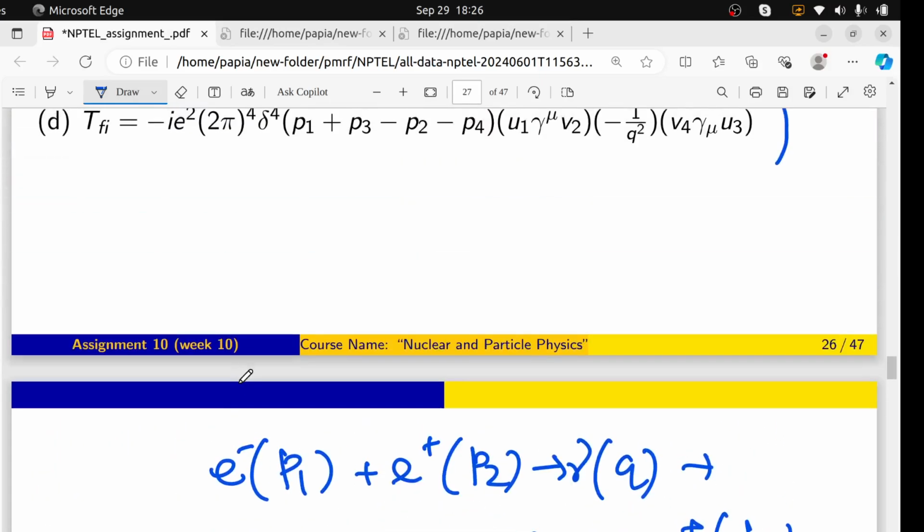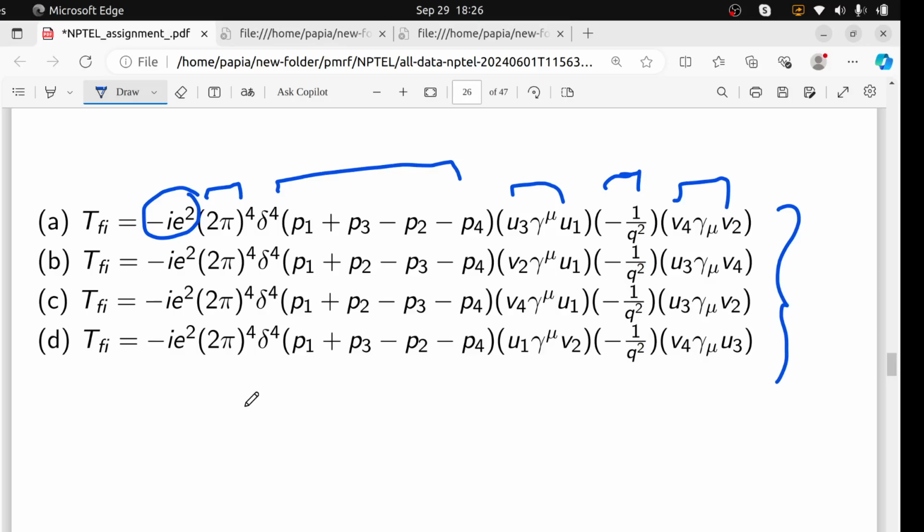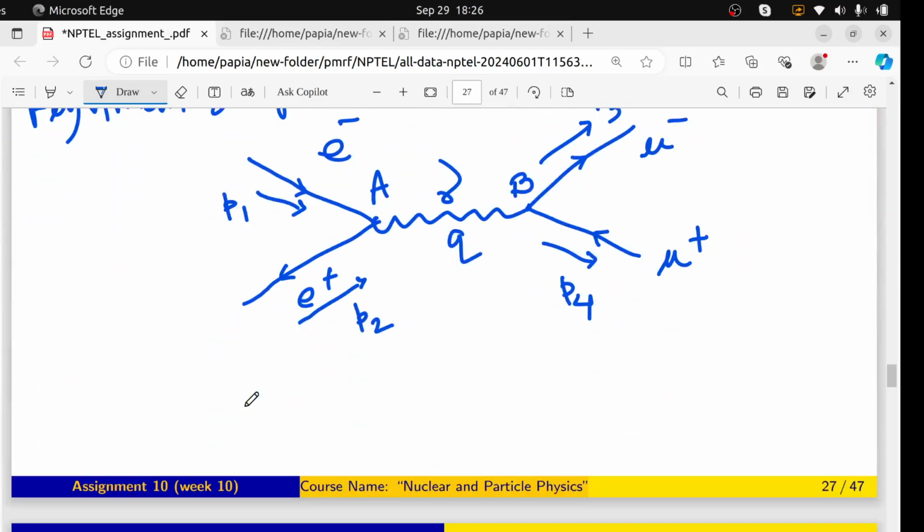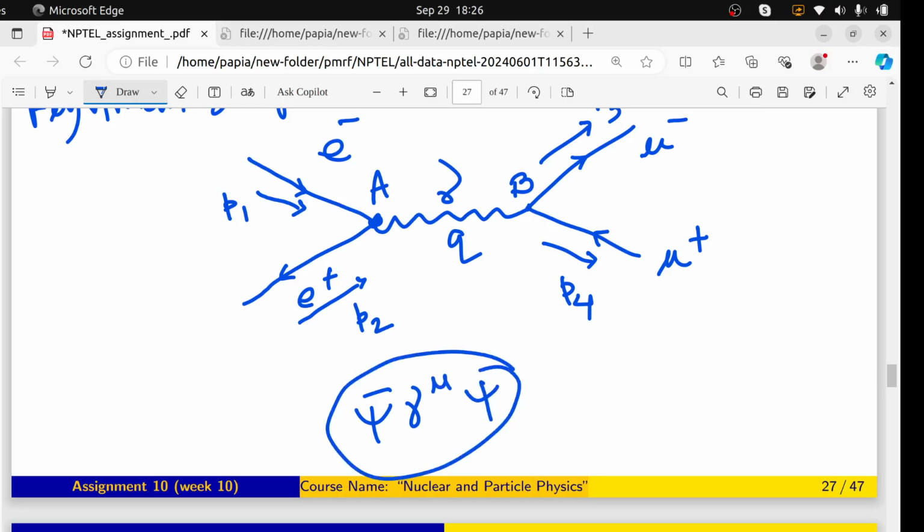Now, what will be there? There will be vertex A, vertex B, and in between there will be the propagator. Now vertex A, vertex B. This is the electromagnetic interaction, gamma is there. So obviously psi bar, gamma mu, psi. This type of vertex should be there in A as well as B. Let's focus on A first.